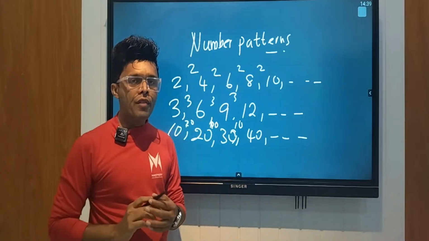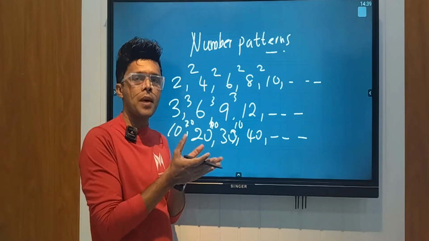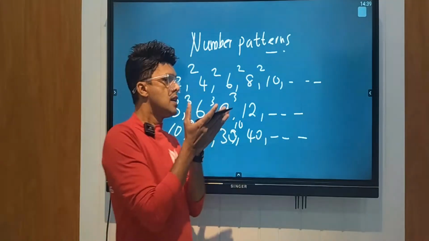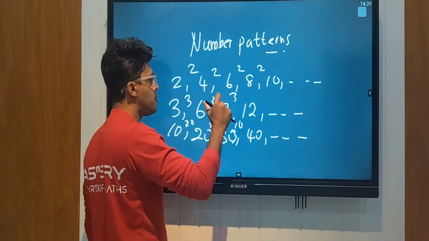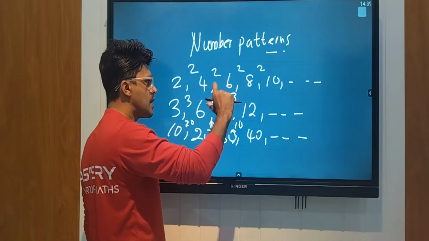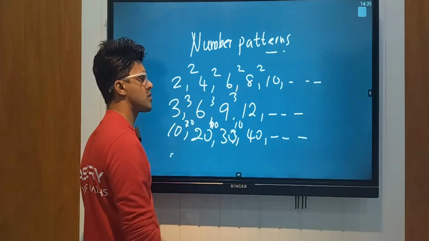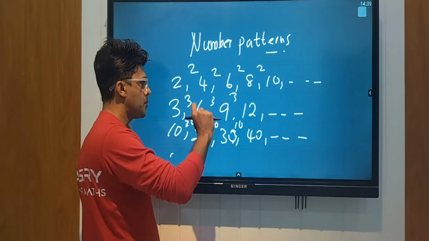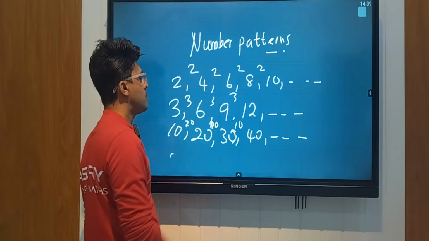So when it comes to these patterns, you could see a certain specific, definite number is added in terms of getting the other term. A constant term is added in terms of getting the other one.